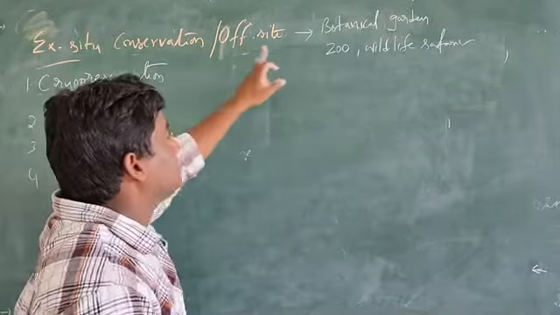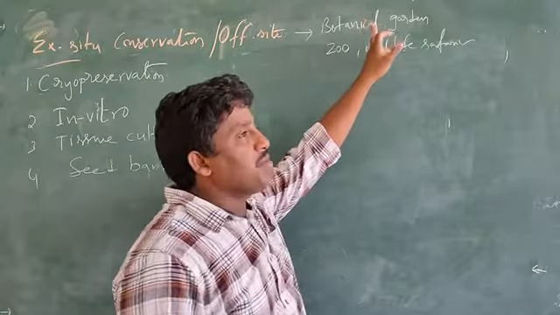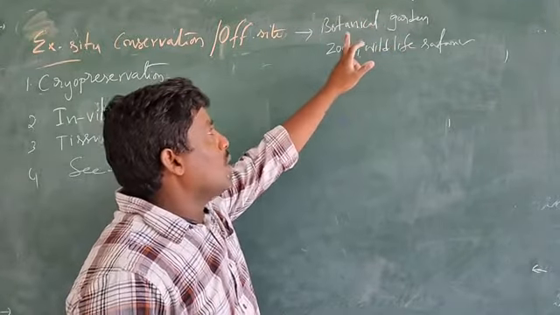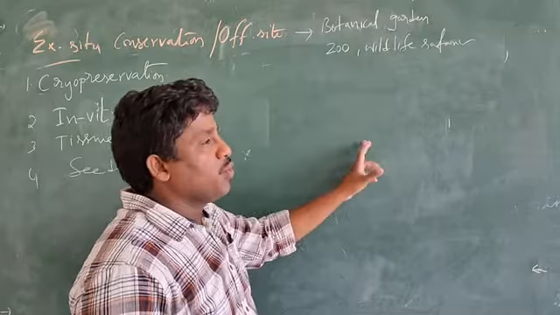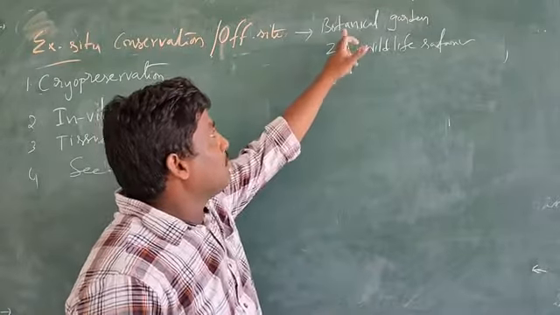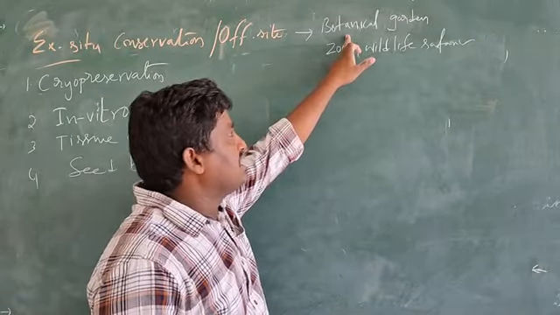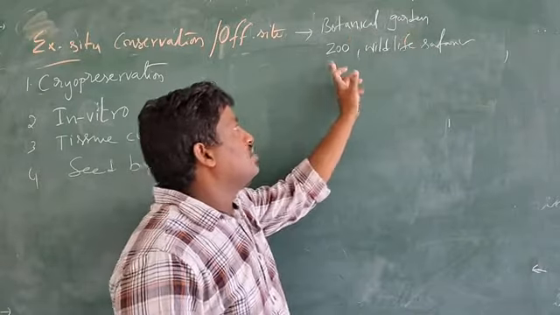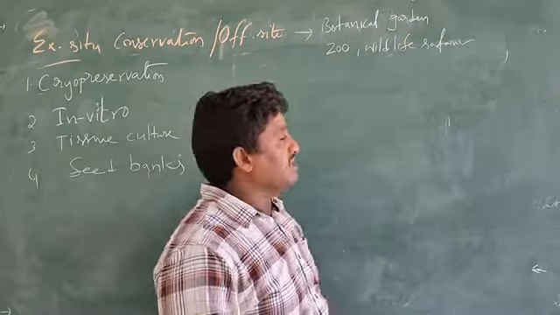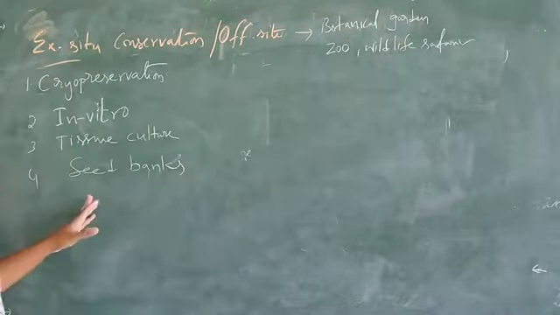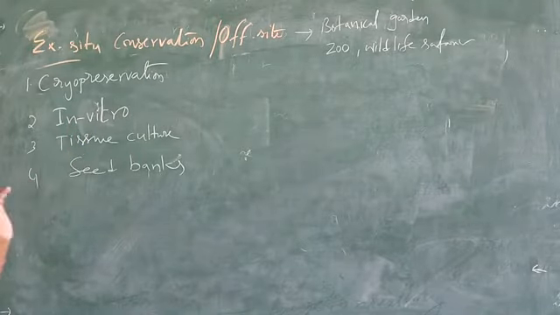So this is an example of ex situ conservation: threatened animal species are taken from their natural habitat and given special care. Examples are botanical gardens, zoos, and wildlife safaris. The methods are cryopreservation, in vitro, tissue culture, and seed banks.